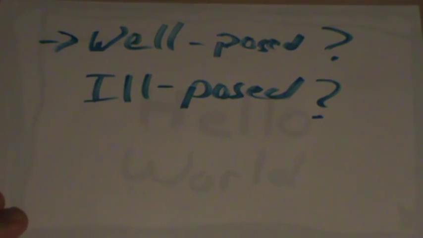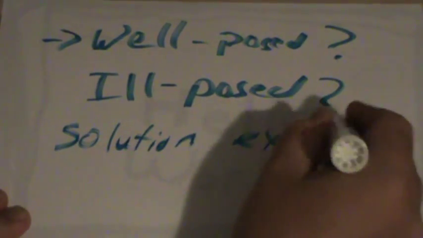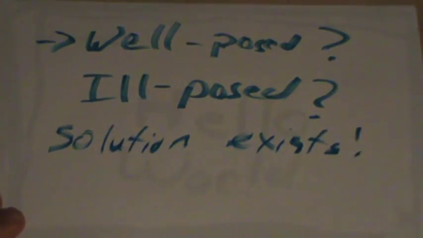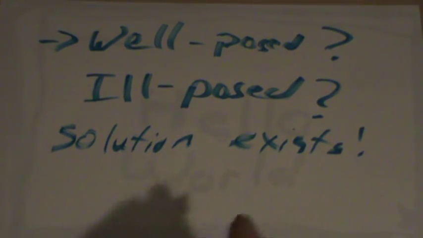Well, for a well-posed problem, we want to be able to have a solution that first off exists. It's kind of hard to find an answer to something if that answer isn't really there. If you're looking around and it's not there, it's not a good situation to be in. Now, the second thing that we would like about our solution is we would like our solution to be unique.